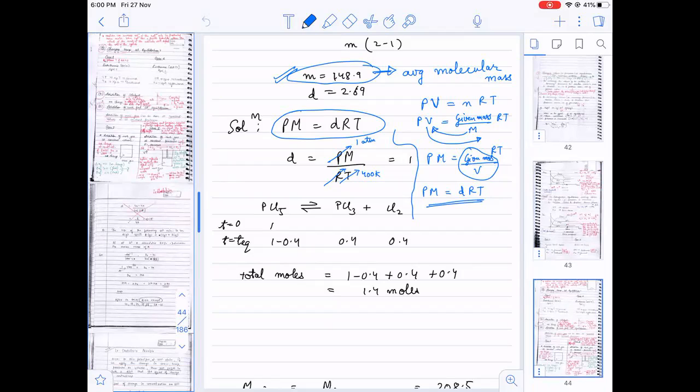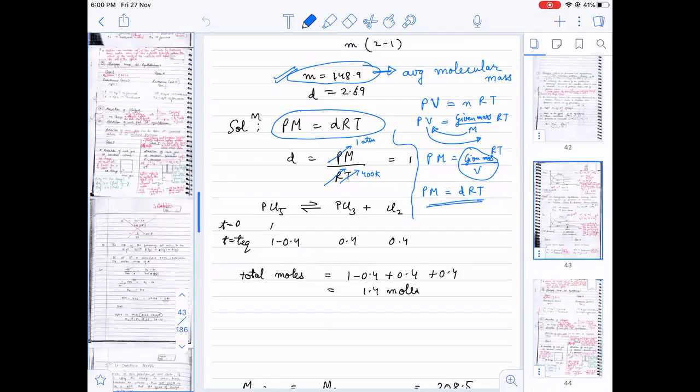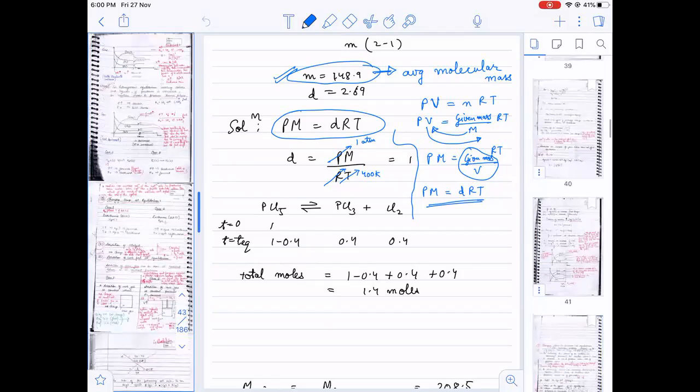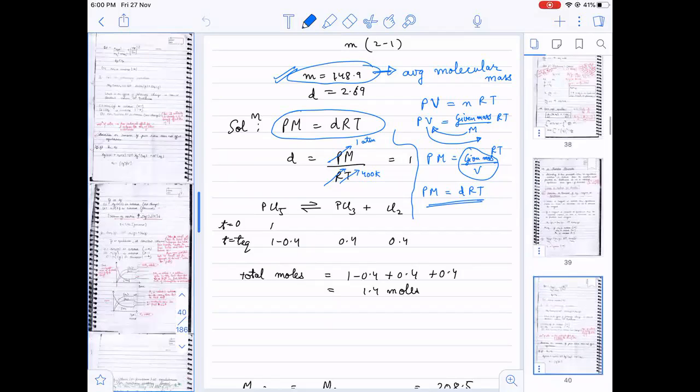Niranjan, have you done all these things and only there was a problem of 400 degrees Celsius in your answer? Otherwise, it's correct. Yes, sir, I think so. Very good.